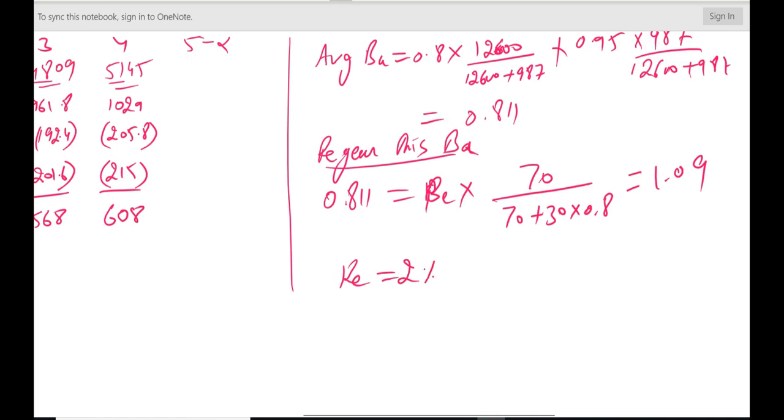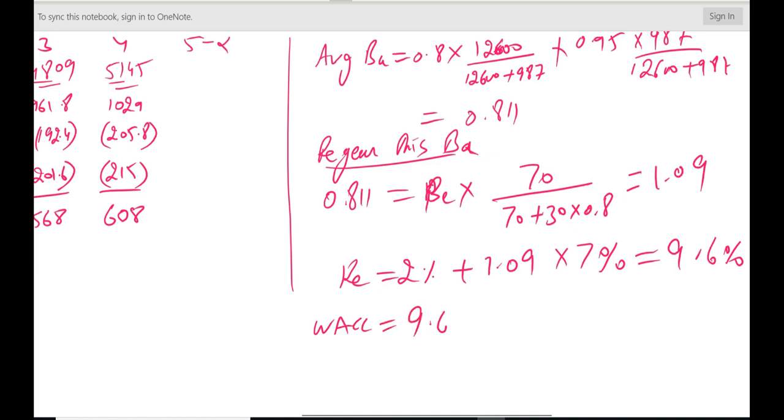2% is the risk-free rate plus 1.09 into 7%, it is 9.6%. And what about the WACC? 9.6% into 70%, the equity proportion, plus KD is 5.3%.